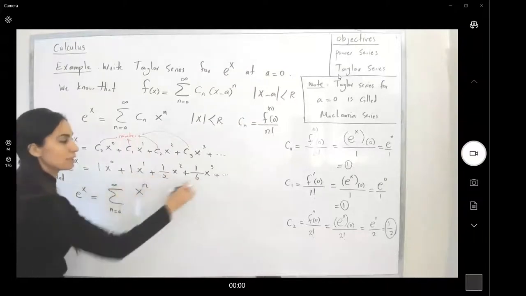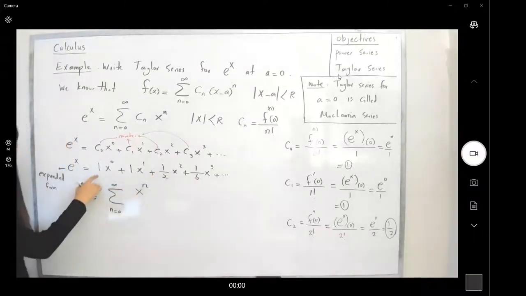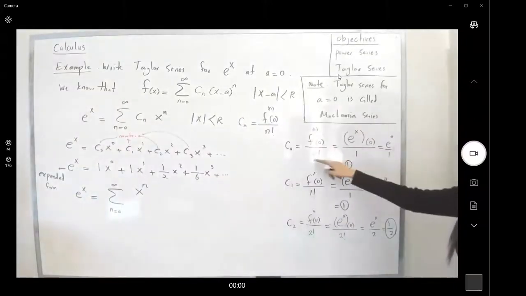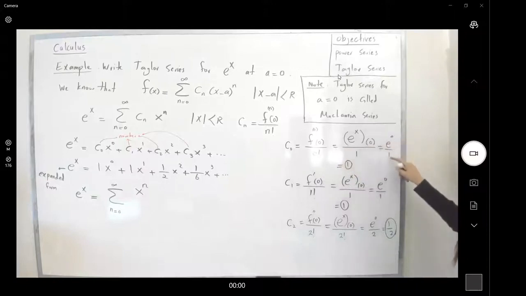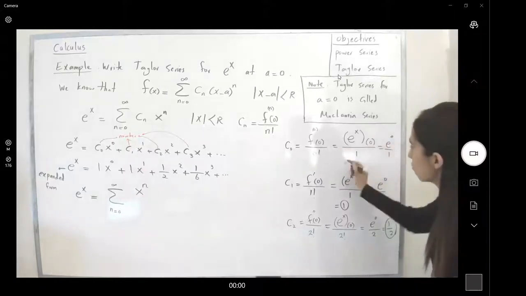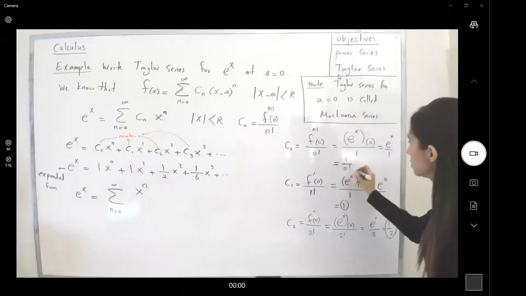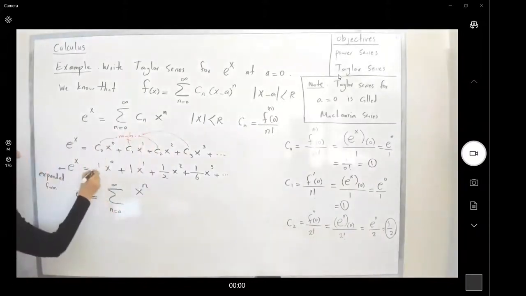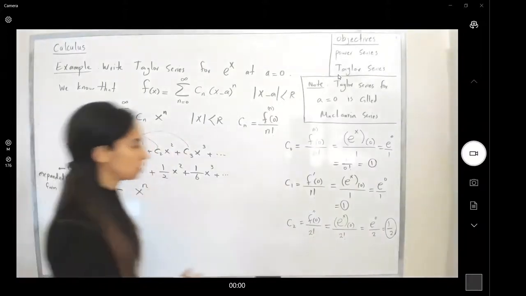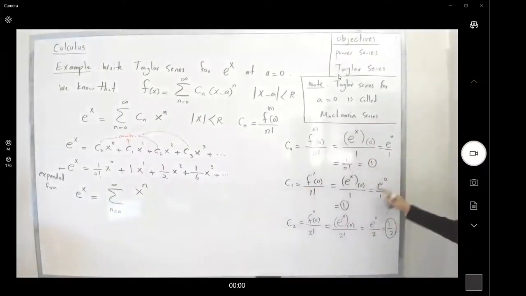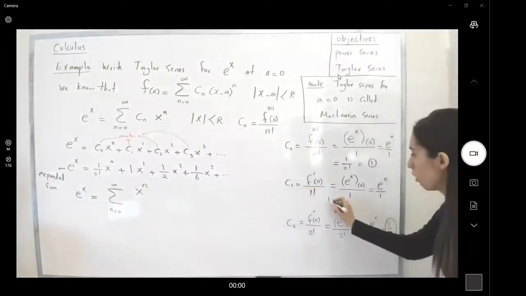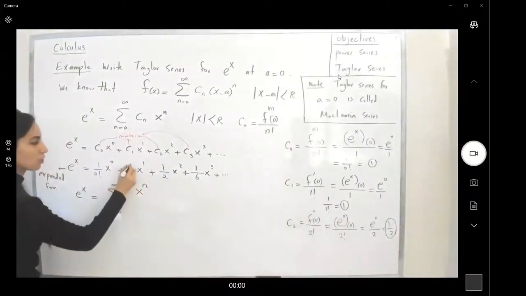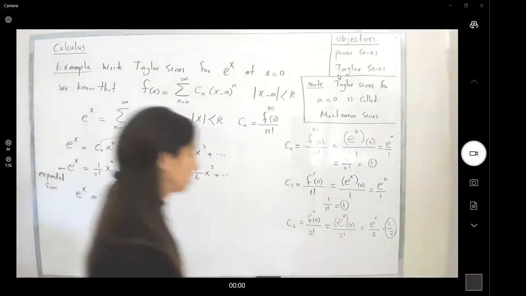What do we do with these coefficients? The first coefficient is 1. Take a look at what you had before. It is 1 divided by 0 factorial, which was 1. The second coefficient is e^0 divided by 1 factorial, or 1 over 1 factorial.